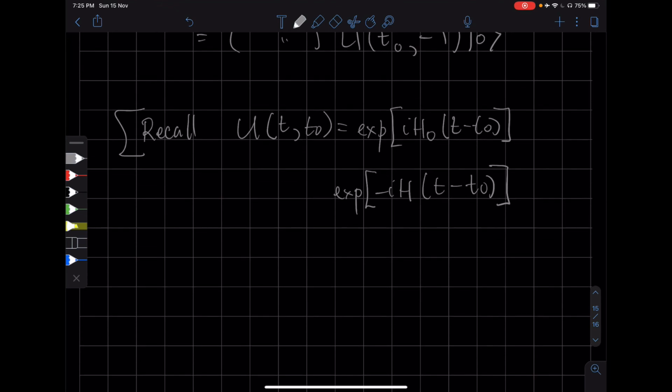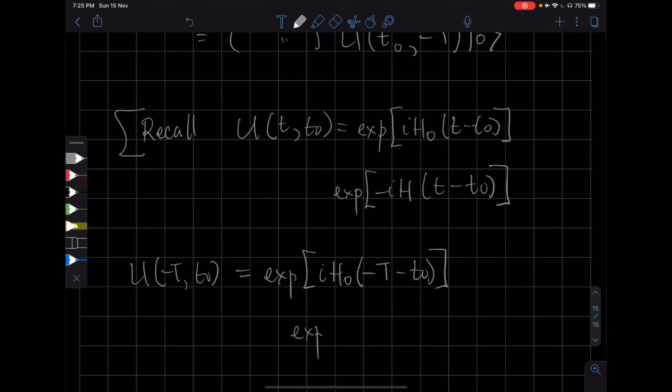So using this, we could write U going from t0 to −T as equal to the exponential of iH0 (−T − t0), and that multiplies the exponential of −iH (−T − t0).